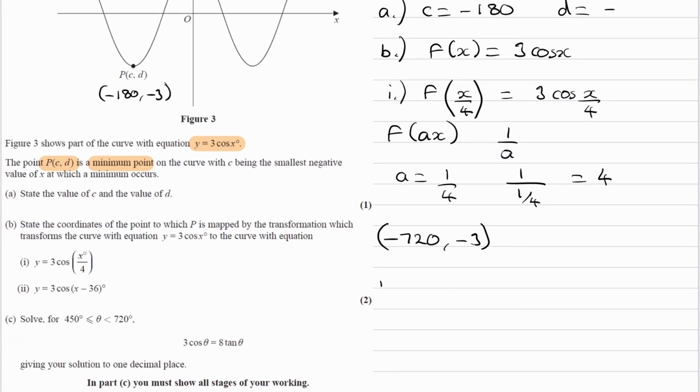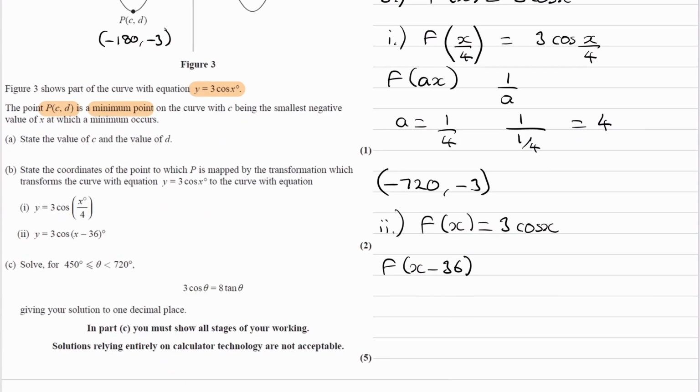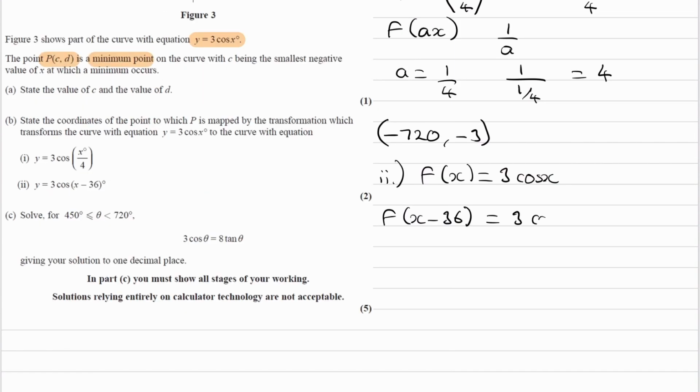For B part 2, again starting with f of x is equal to 3 cos x. To get x minus 36, we would do f of x minus 36, and this would be equal to 3 cos of x minus 36. Again, replace the x in our function with what we have in the bracket. This is a translation of 36 degrees to the right.